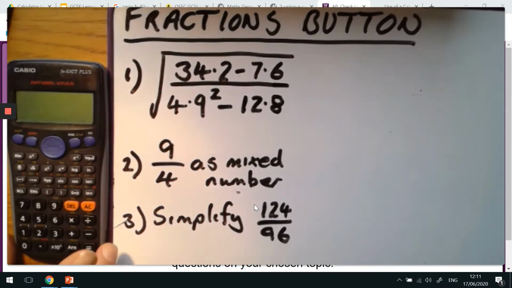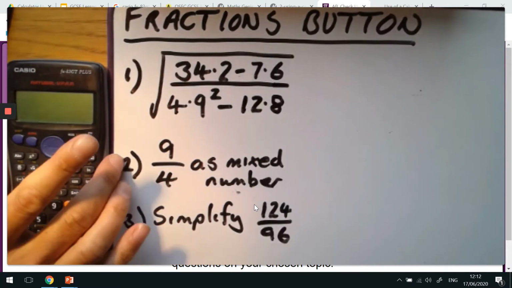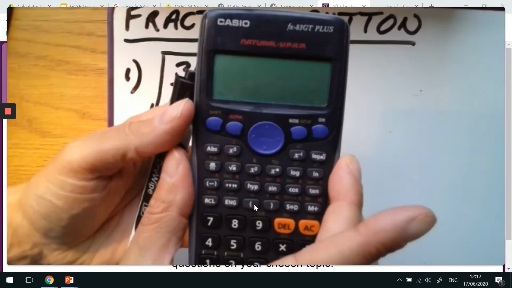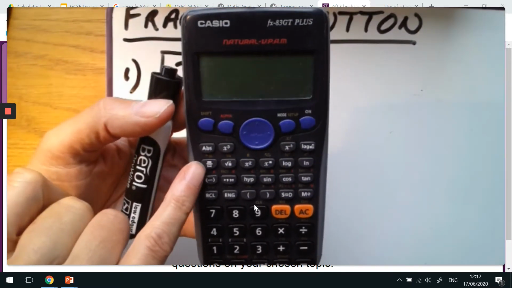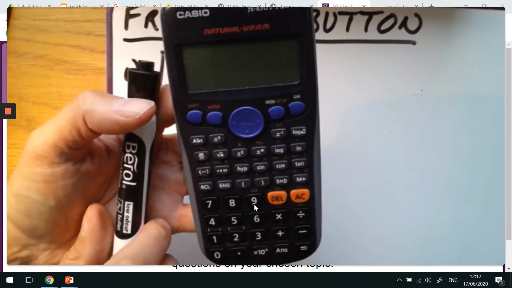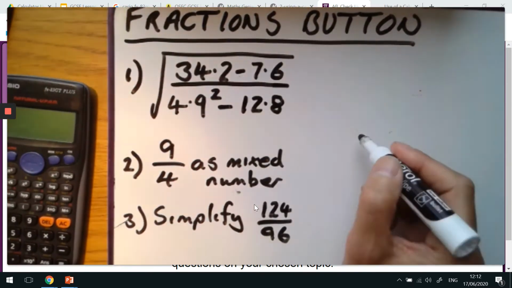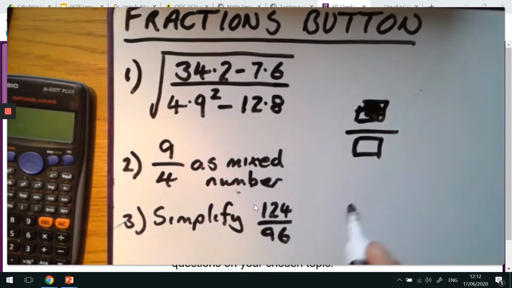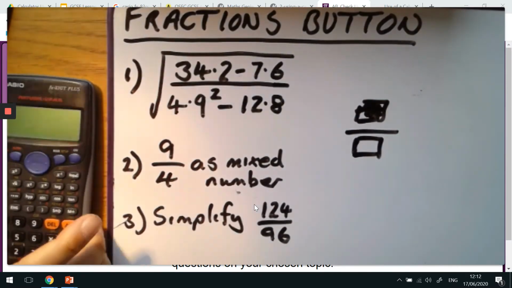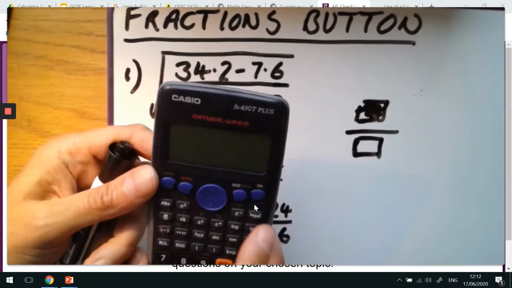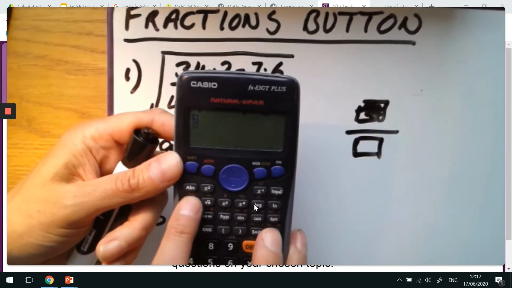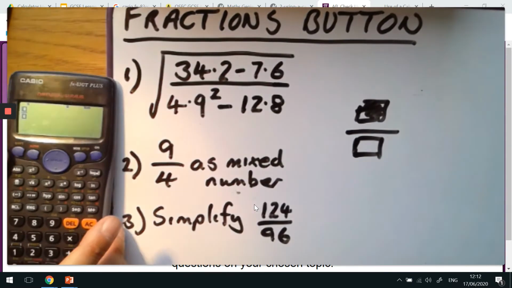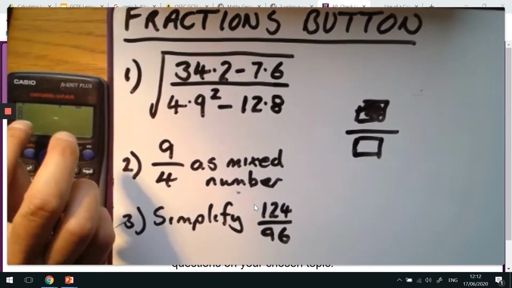Now, I just want to say that if you have a calculator that doesn't have the fractions button, and the one we're talking about is this one here, so it's got a line, and it tends to have something like that and something like that. And when you press it, we get a square.